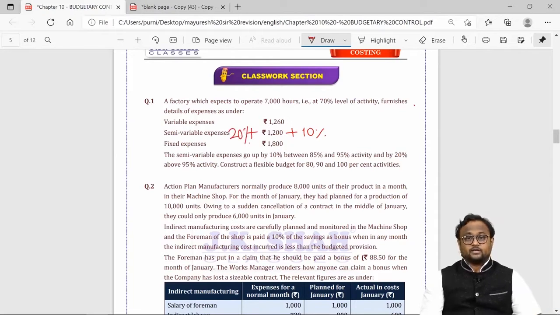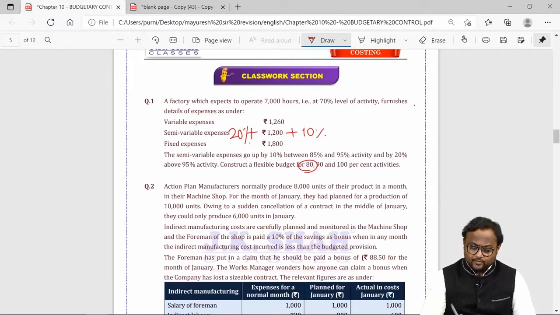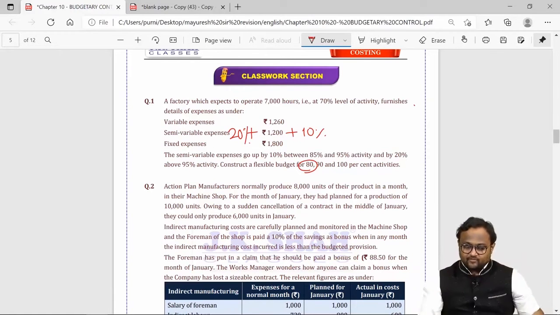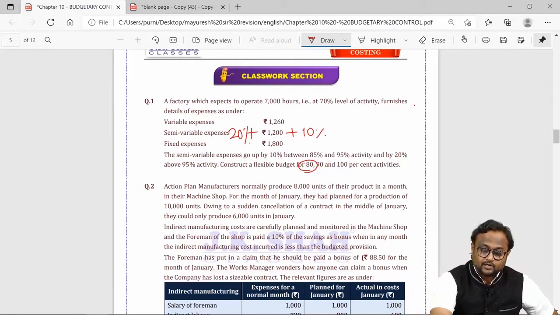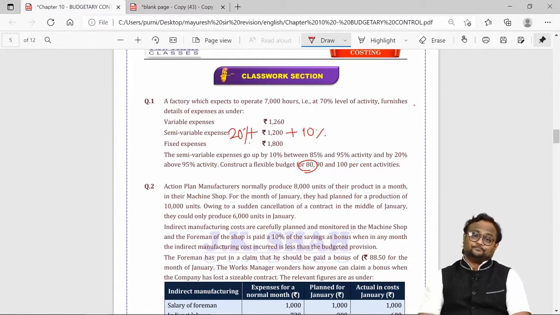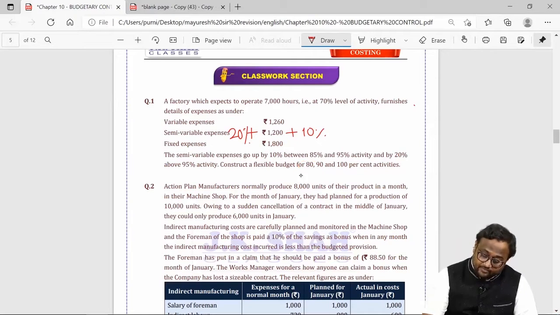That means if I talk about 8,000 hours, which is 80% of the capacity utilization, it's going to be intact at 1,200. For 9,000 hours, 90%, which lies between 85 and 95, I will be taking 1,200 plus 10%, that is 1,320.